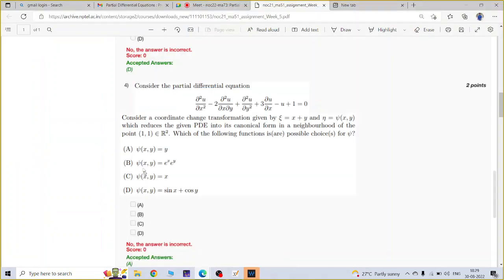So now tell me, option A is psi is y. That means psi means eta here, right? Here eta is equal to psi. So eta is my y. So xi and psi, I have to check whether the Jacobian is non-zero or not. So let me write option A. Option A is saying that psi is my y.